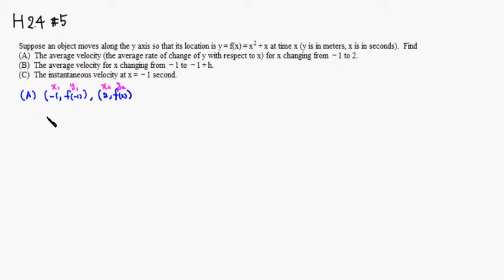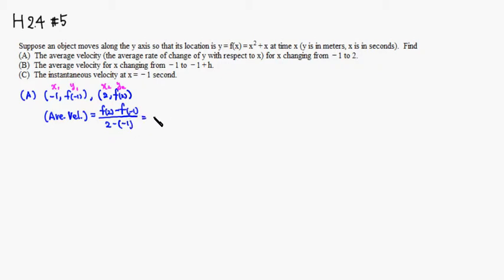So average velocity is equal to f of 2 minus f of -1 over 2 minus -1.